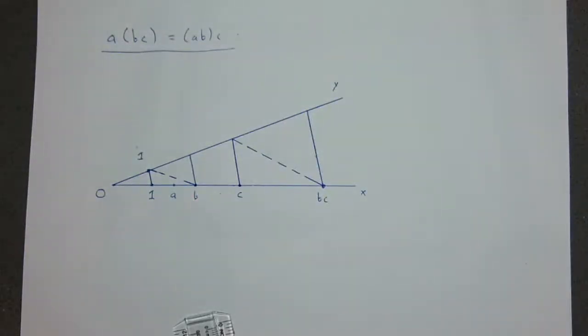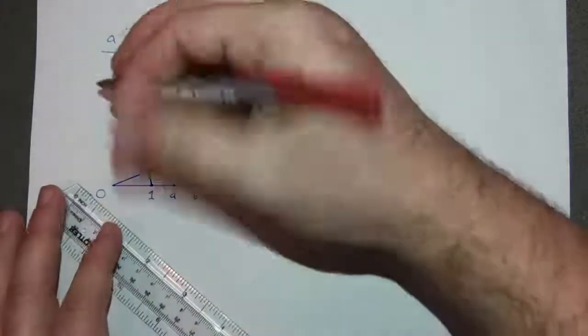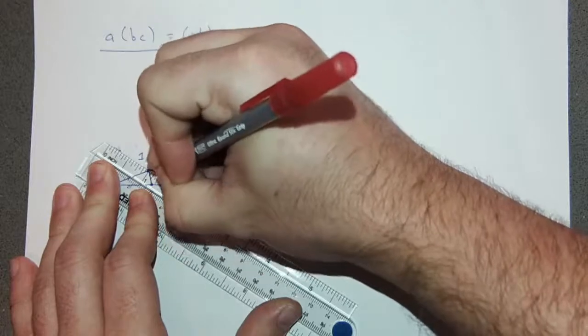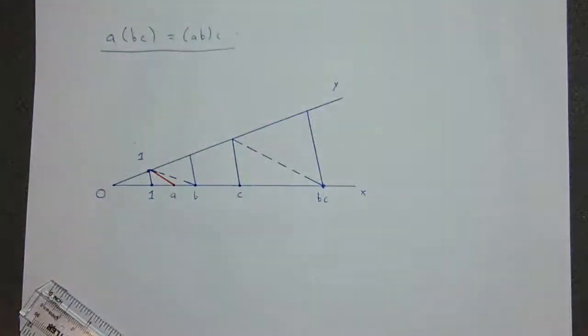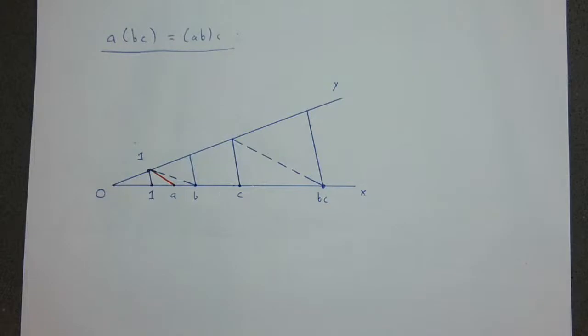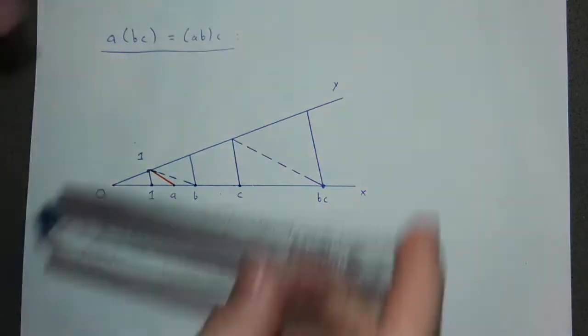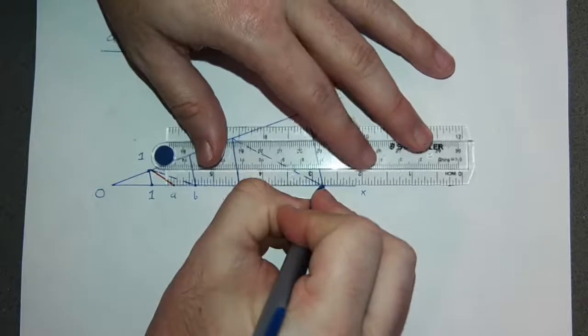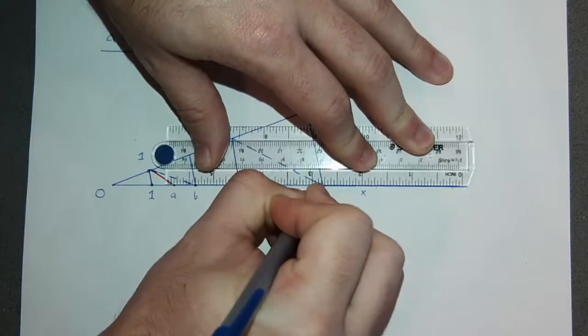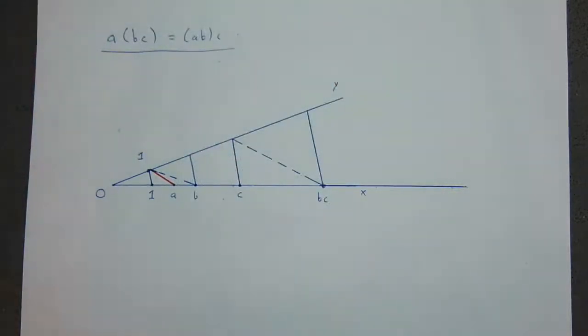Okay. And now I'll draw it as a solid red line from A to 1. And now I need a solid red line from this intersection point to somewhere on the x-axis. And that's going to be A times B times C. Let me extend this x-axis a little bit more. That should do it.